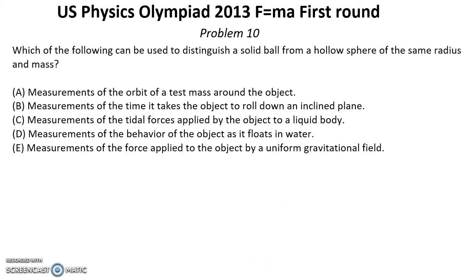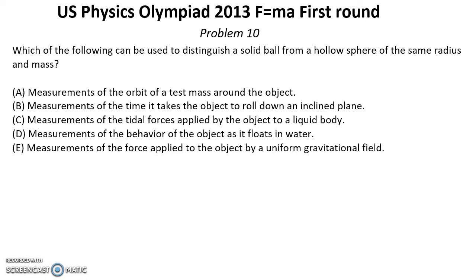Problem number 10. Which of the following can be used to distinguish a solid ball from a hollow sphere of the same radius and mass? Solution. So first we can say that only rotational properties can give us the difference, because it's more difficult to rotate hollow sphere with the same mass and radius than a solid sphere.